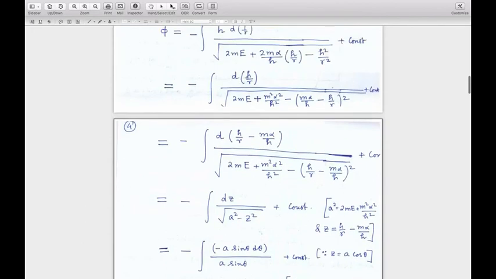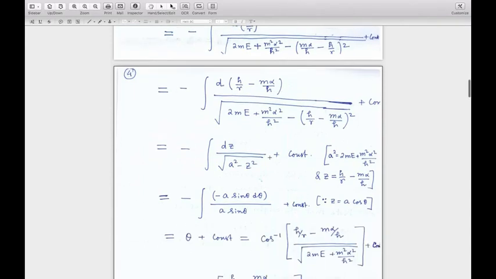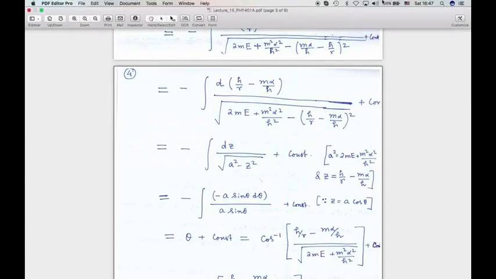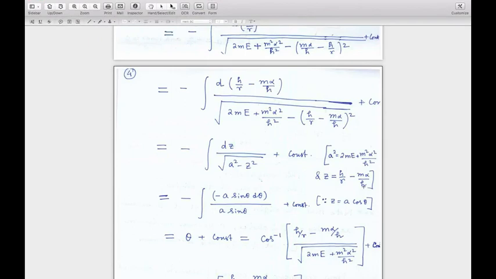Finally, you can write d of h by r as also d of h by r minus m alpha by h, because m alpha by h is a constant. Then we define a new variable z, which is h by r minus m alpha by h.